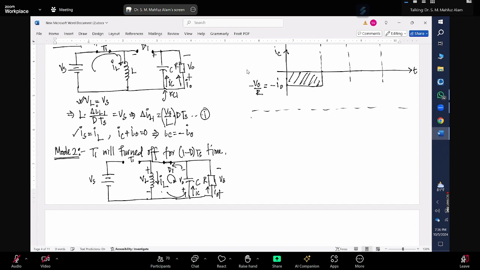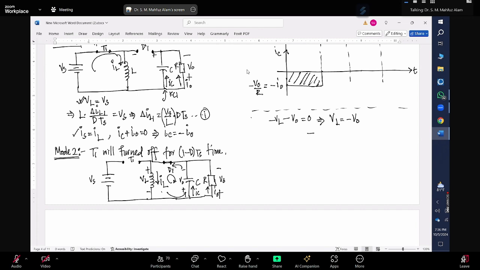What can we write? Minus VL minus V naught should be equal to 0. So it gives me VL should be equal to minus V naught.